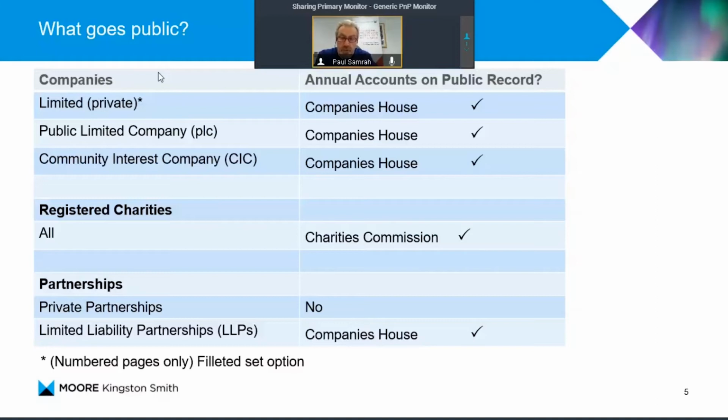The only people that see those accounts are anyone that you decide you want to give the accounts to, plus HMRC. Limited liability partnerships, these are partnerships that have limited liability. They are on Companies House records. They are open for inspection. So quite a lot of information is put on public record for companies and LLPs, and you should be aware of what is going into the public domain.